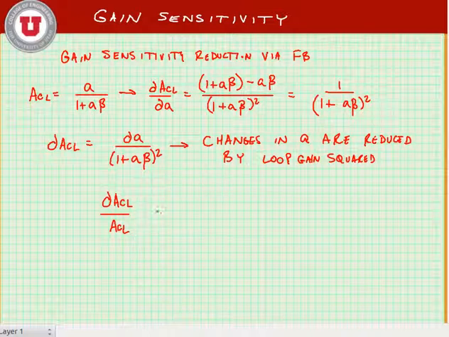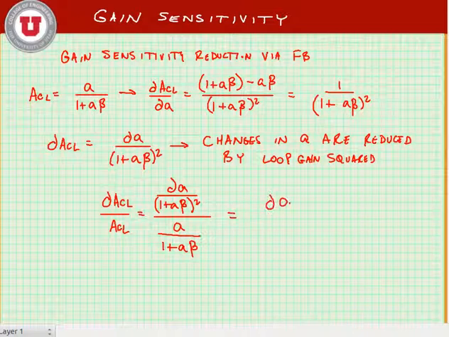So if we make some substitutions, we know that dACL is equal to dA divided by 1 plus A beta quantity squared. And we know that ACL is equal to little a divided by 1 plus A beta. So this whole expression is equal to dA divided by A times 1 plus A times beta.